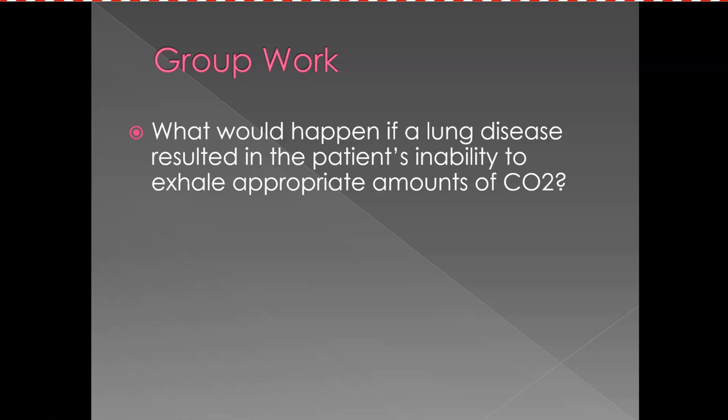So what would happen? Under normal circumstances, when you breathe out, you are easily getting rid of all the CO2, and you are able to maintain the homeostatic values of the proper pH. But what would happen in a lung disease where you can't get rid of CO2 and CO2 is allowed to build up? There's the clue.